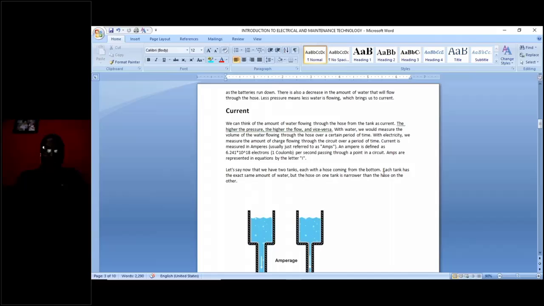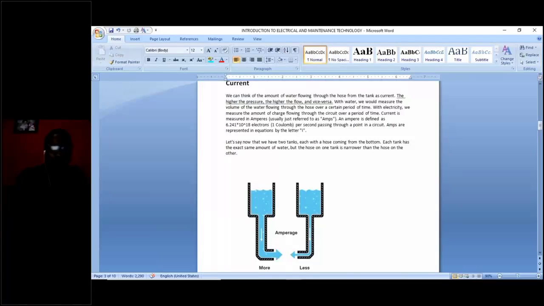An ampere is defined as 6.24 times 10 to the power 18 electrons, that means 1 coulomb of charge per second passing through a point in a circuit. Amps are represented in the equation by the letter I, and voltage by the letter V.